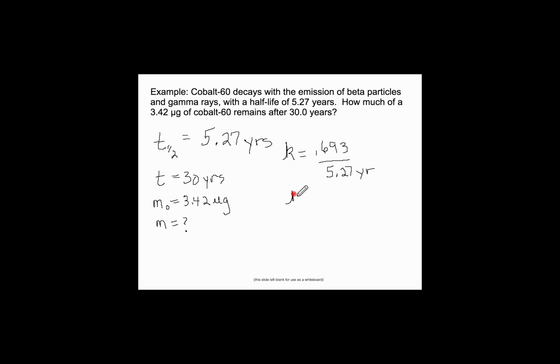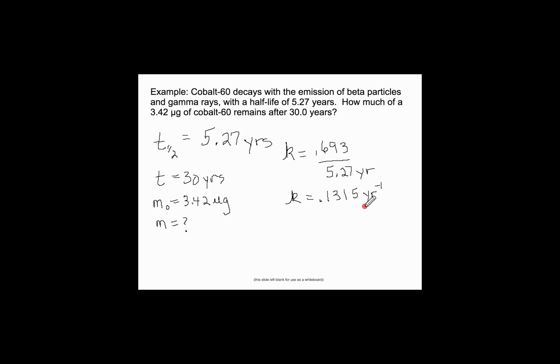So my rate constant is 0.693 divided by 5.27, and that's going to give me 0.1315, let's say. I tend to keep all my numbers in my calculator until the very end. The unit is going to be years to the negative first, because 0.693 doesn't have any units, and we've got the years in the denominator.